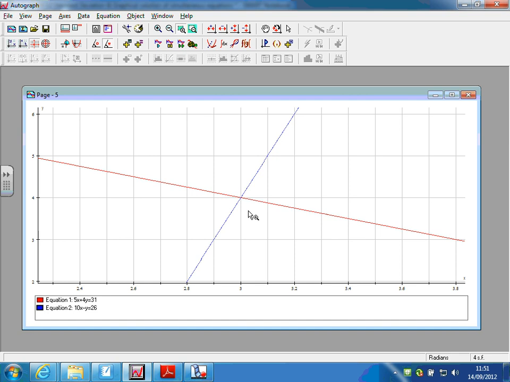One of the advantages is that you can determine whether there is a solution, and if it's a couple of complex functions, then you can do it very quickly. The main disadvantage of this method is that your answer only depends on how well you zoom in. It doesn't give you an exact answer.